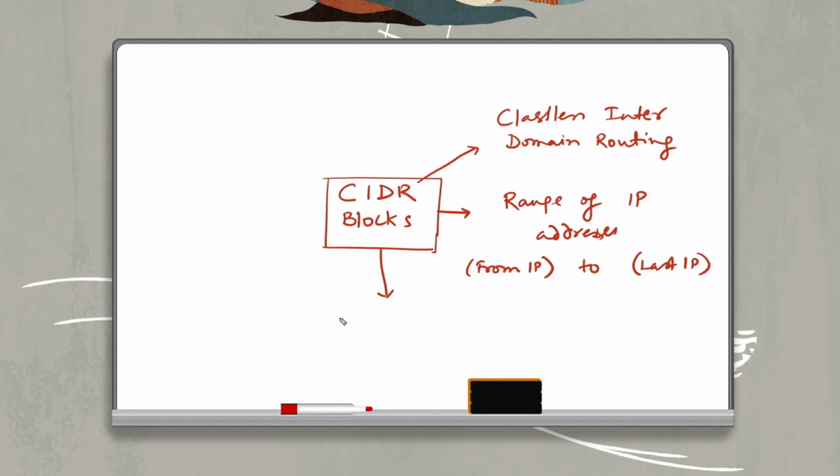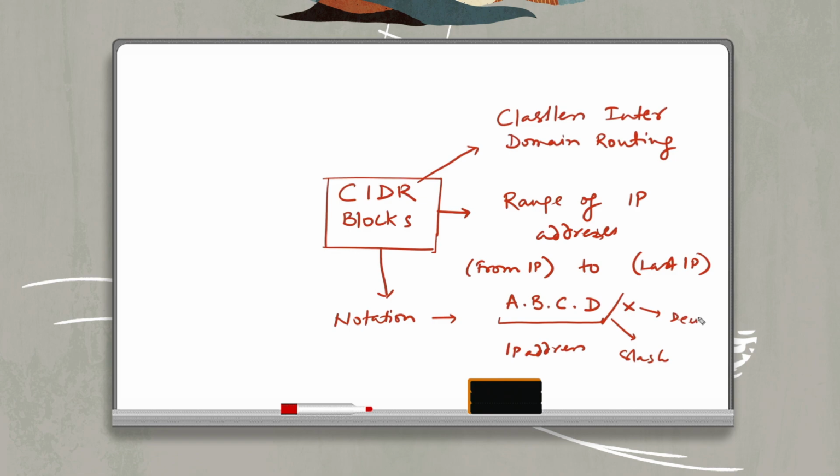So this CIDR block is nothing but a notation. And how does the notation look? It basically looks like a.b.c.d/x. This is an IP address, this is the slash character, and this is basically a decimal number.